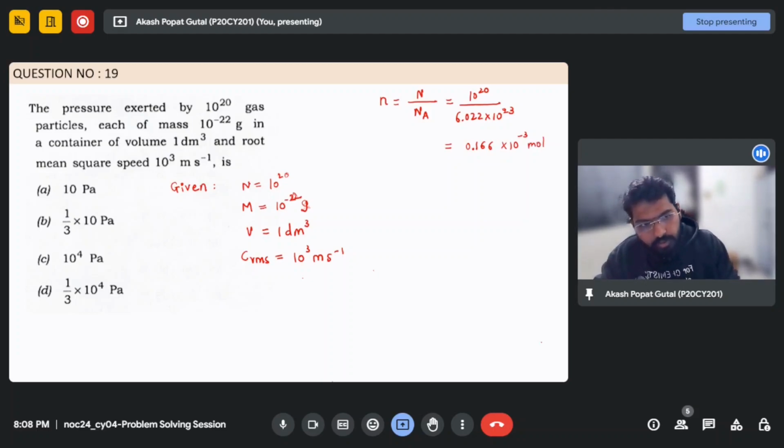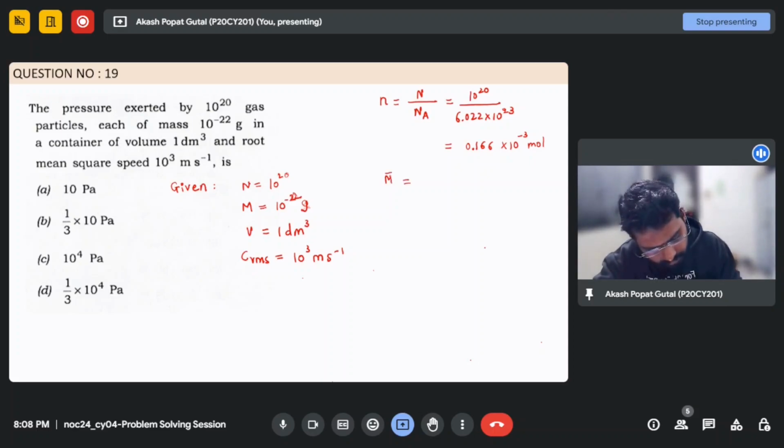Next, you need to calculate. We have the mass of one particle, which is 10 raised to minus 22. We can calculate the molar mass.